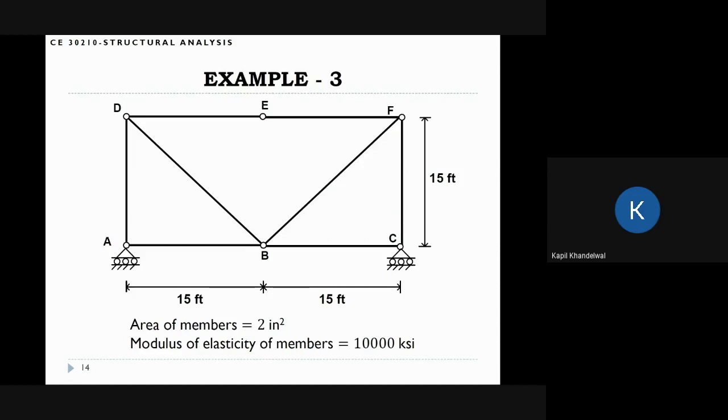There's another interesting thing going on here. You can see that there's a node E at the center of this truss, at the top chord. And so there is a hinge here. You can think that member DE is connected here and EF is connected here, and there is no other member connected at E. So if I apply a vertical load at E, this point is free to move.